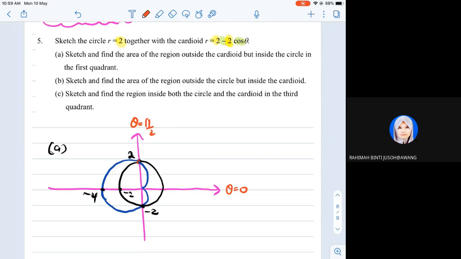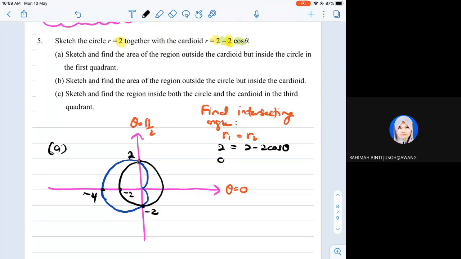Macam tu. Dia betul-betul ngam atas paksi. In fact, kalau you kira sekalipun, kan, let's say you find the intersecting angle. Find intersecting angle, kalau you cari pun tetap dapat sama lah. R1 sama dengan R2. So kalau you cari 2 samakan dengan 2 tolak 2 cos theta.